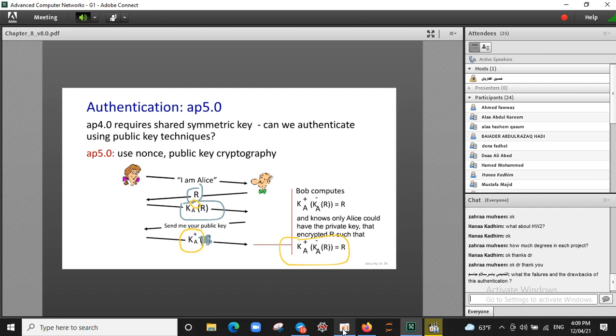Here, the message is encrypted with the private key, so to decrypt it, we can only use the public key.